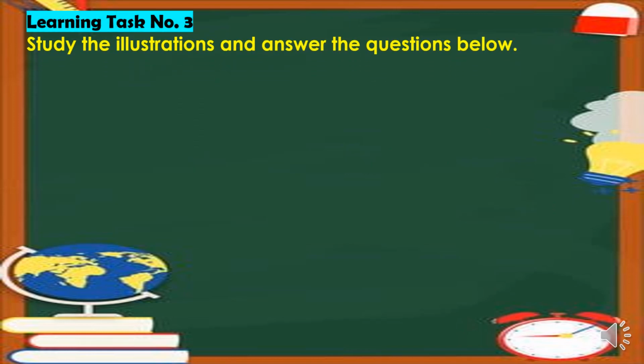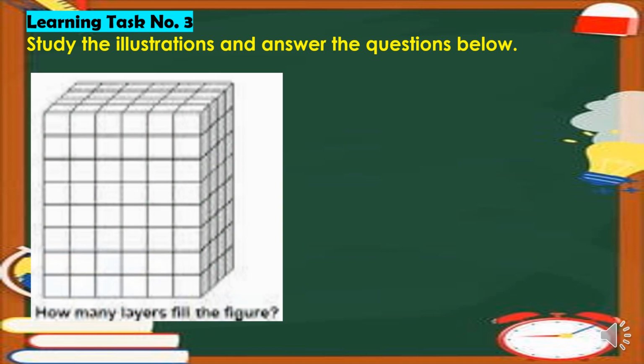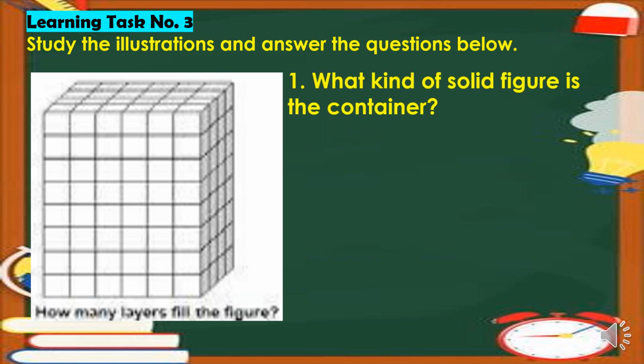Now, for learning task number 3, study the illustrations and answer the questions below. So this is the illustration. How many layers fill the figure? Okay, so for number 1, what kind of solid figure is the container? Another question is how many layers are there?